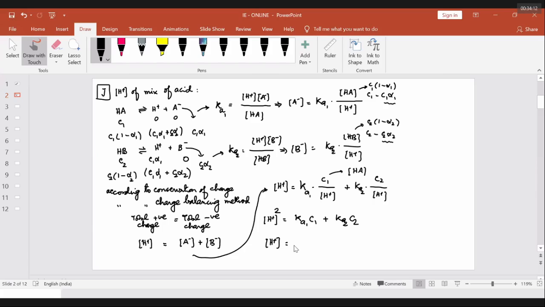I don't care how it is coming; I want to enjoy the formula, the root of Ka1C1 plus Ka2C2. Job is finished. If you are asked what is the pH of a mixture of two weak acids, very simple. First of all, find out H plus ion concentration: K1 value given, concentration given, K2 value given, C2 given. Substitute and enjoy the beauty, and then find out the pH value, right? Go ahead.